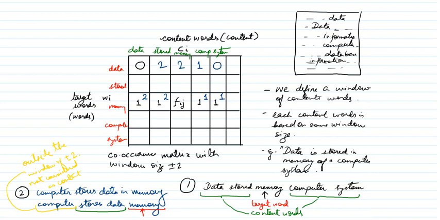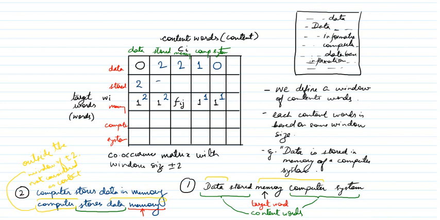Now again let's see about stored. So this is the context, and this is the context, and this is the context, and this is the context, computer. So stored is in context with data at 2 places, so this is 2 here.